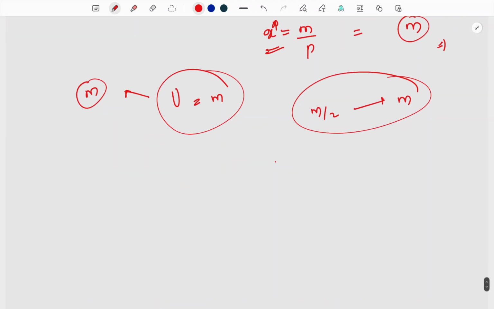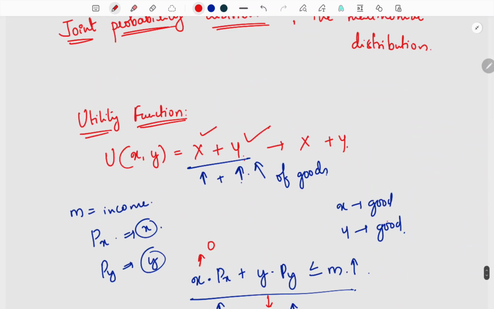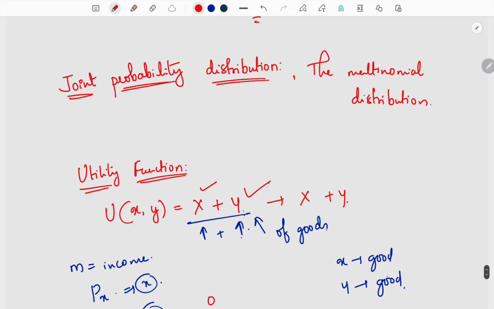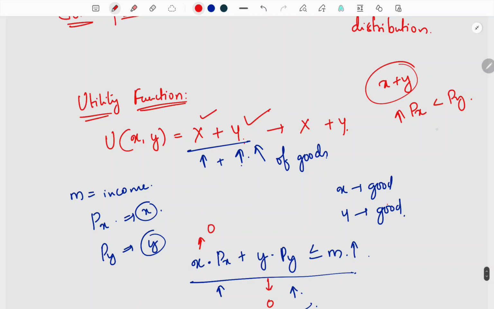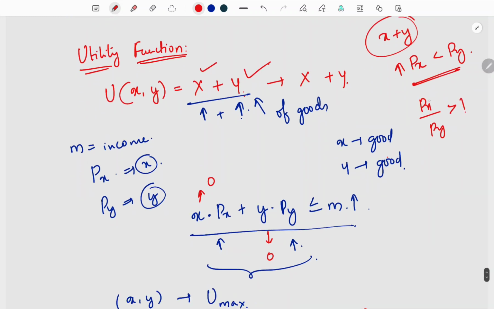So that's why we can say that in consumption of these goods with utility function x plus y, we are consuming the good which has a lower price compared to the other. Whichever, let's say the px by py ratio is greater than 1, it means px value is more, and py value might be 1, right?